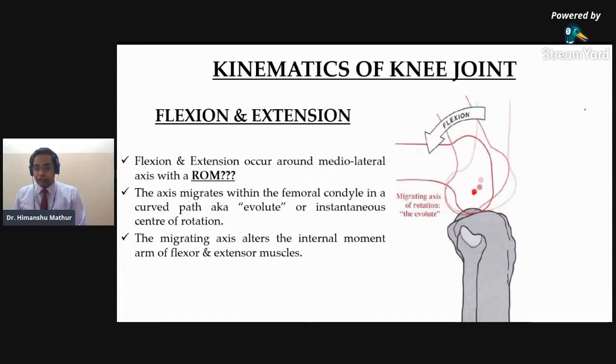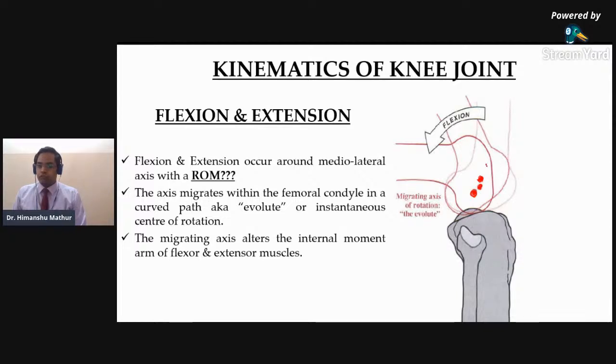The medial lateral axis of rotation of the knee joint keeps on changing when you go from extension to flexion, or you come back from flexion to extension. Okay, in complete extended position, the axis lies somewhere here. Eventually, in mid flexion position, it reaches somewhere here, and in complete flexed position, it reaches somewhere here.